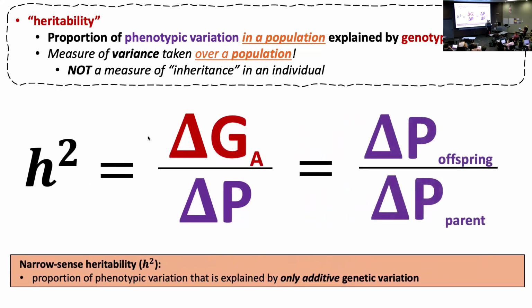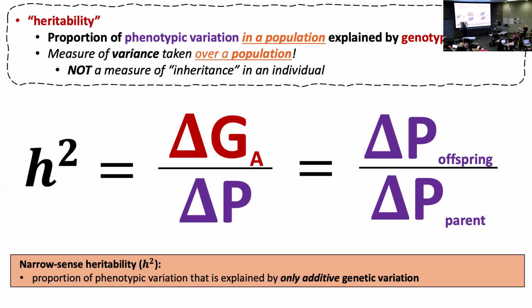The reason why narrow sense heritability is so nice is that we can actually estimate it, measure it even, not by having to look at the genes themselves, but just by looking at parent and offspring. Because when you bring two parents together, the variation that you get out in a phenotype that you can study in the parents as well is an additive process.